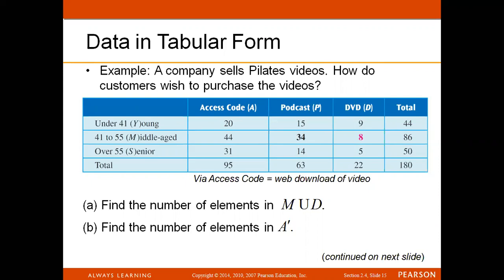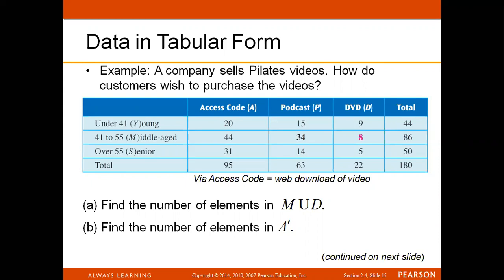Access code, podcast, DVD, under 41, 41 to 55, over 55. You're young for most of your life, it looks like, or a senior. Middle age is a short period of time compared to those other ones. All right, anywho, find the number of elements in M union D.